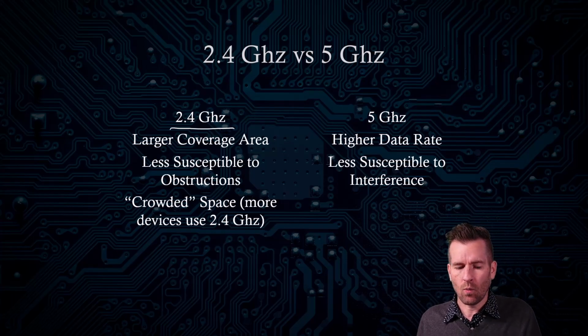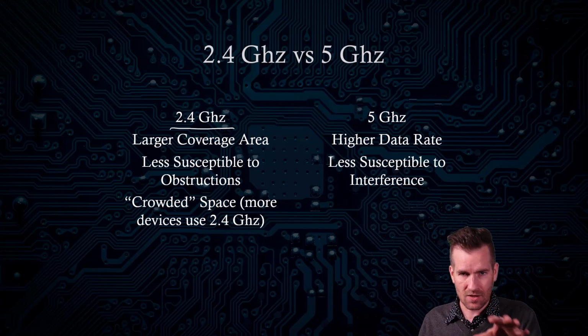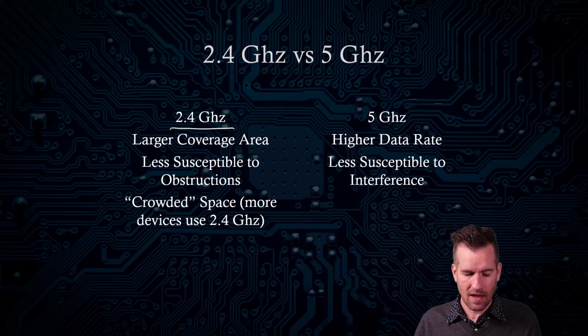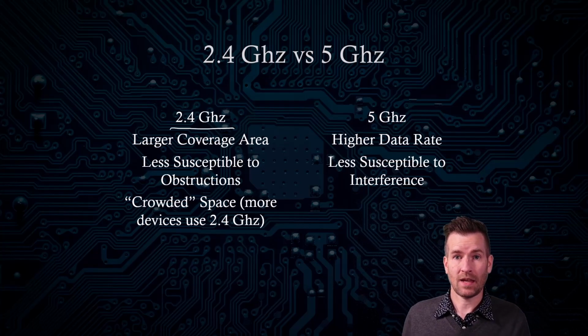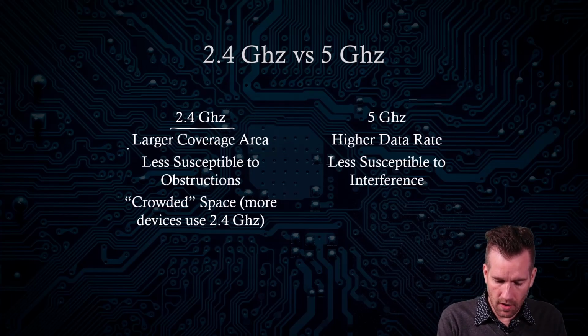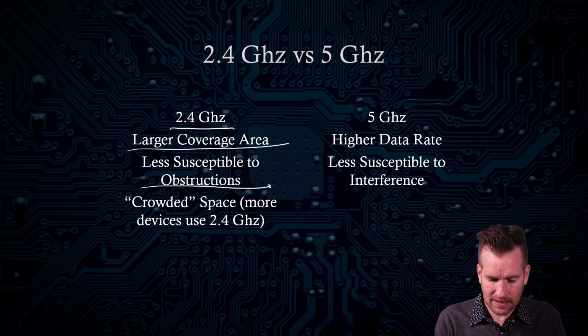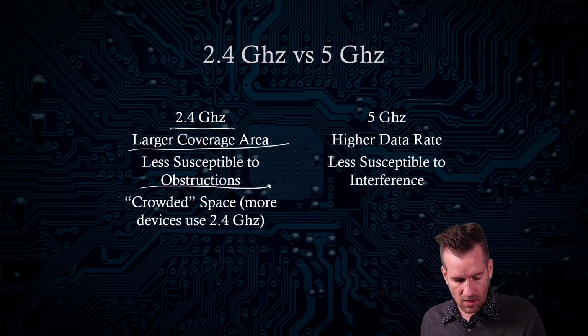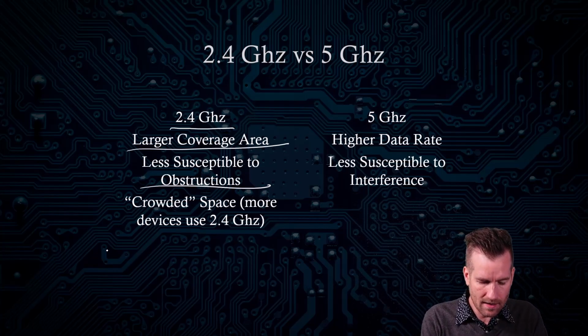And so when you're dealing with 2.4 gigahertz, it's nice if you have any kind of distance, or if you're penetrating a lot of walls and there's a lot of objects, then it's to your advantage to use the 2.4. So there's a larger coverage area, less susceptible to obstructions.